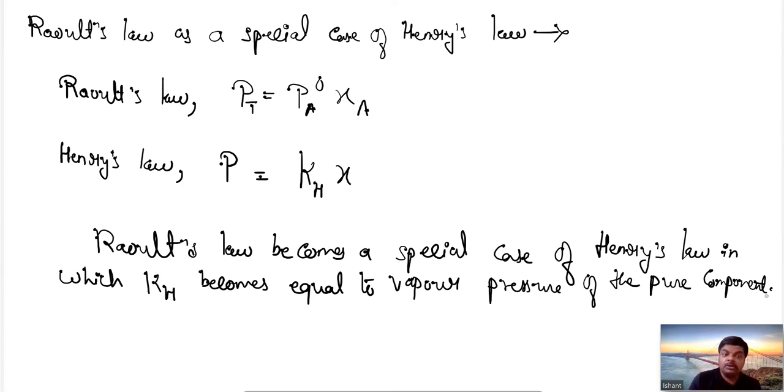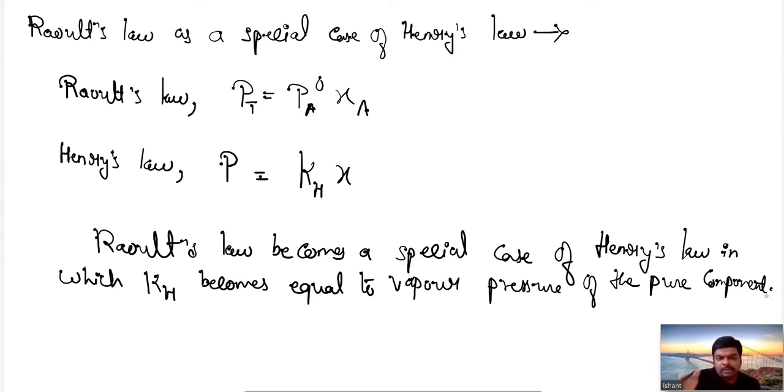Because Raoult's law is applicable for all the conditions, meaning the non-volatile solute condition and the volatile solute condition, but Henry's law is only applicable for gaseous solutions, meaning solutions containing gaseous solutes. Other than that, it is not applicable. So we have just proved that Raoult's law is a special case of Henry's law only. Both follow the same condition, that the vapor pressure is directly proportional to the mole fraction of the component present in our solution.